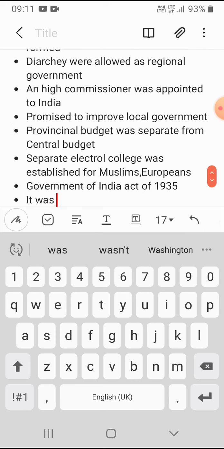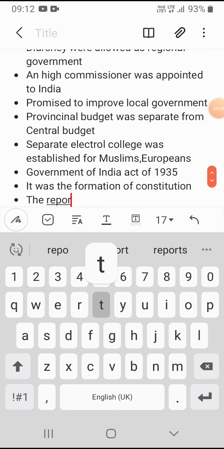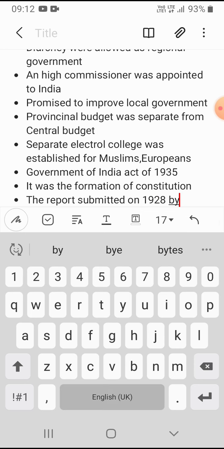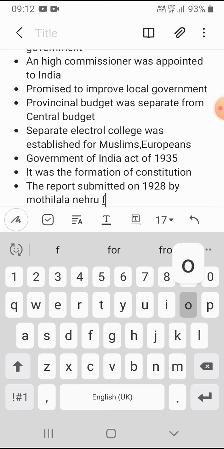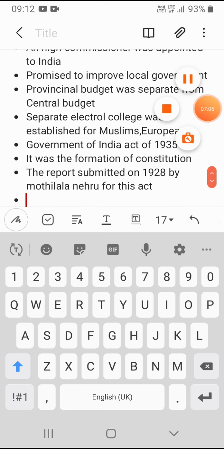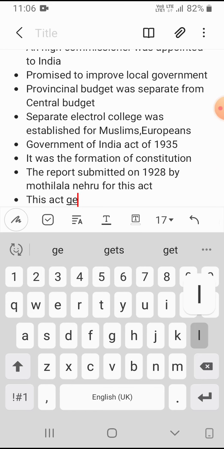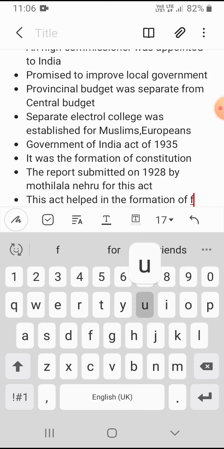It was the formation of a constitution, based on the report submitted in 1928 by Motilal Nehru, for which this act was successful, and this act also helped in the formation of a fully responsible government.